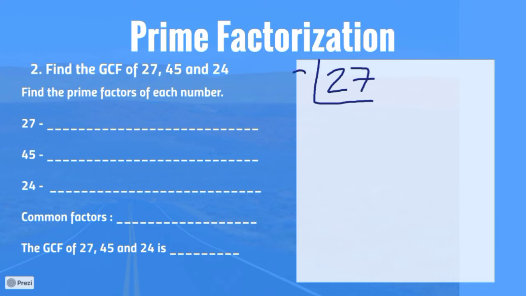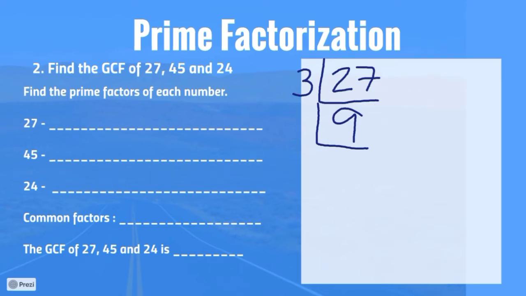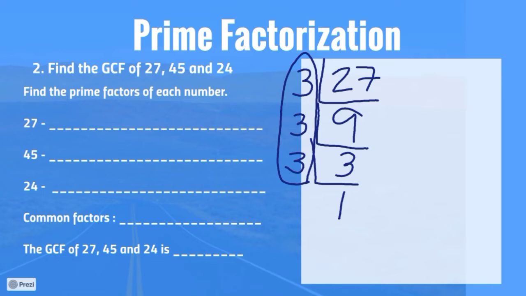So, since ang 27 is divisible by 3, so let's divide. 27 divided by 3 is equal to 9 at ang 9 ay composite. So, factors pa rin to ng dalawang prime number. So, 9 divided by 3 is equal to 3 and 3 divided by 3 is equal to 1. So, the prime factors of 27 are 3 times 3 times 3.